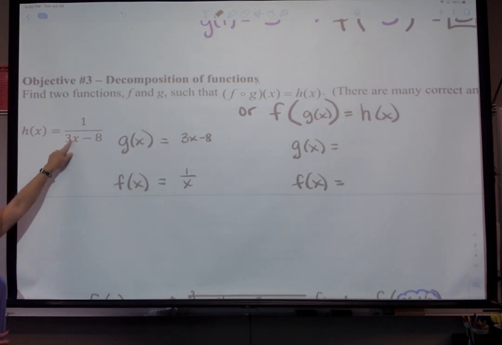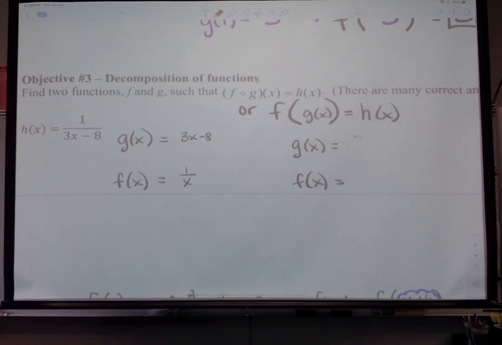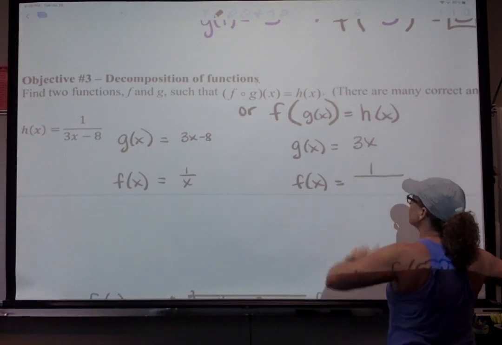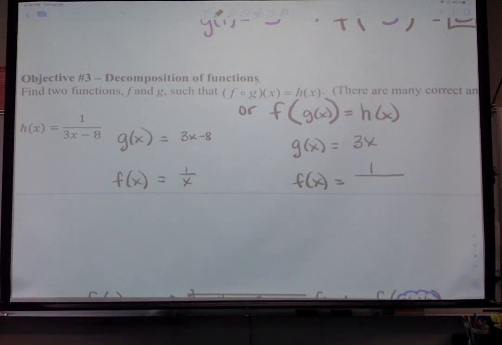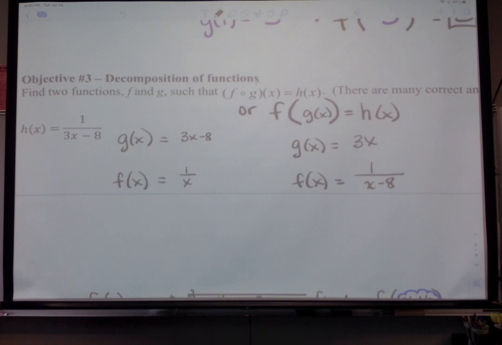I think it involves this. So, yeah, if g of x is 3x, then x would have to be 1 over, let's see, think about this. I need to take out the x and put just that in its place. So this would have to be x minus 8.